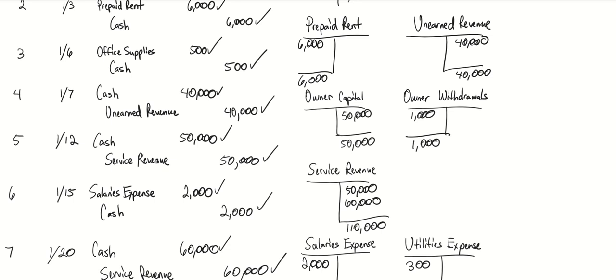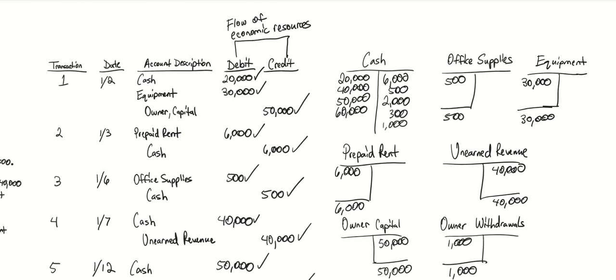So I'm going to go back up to cash, get my calculator out, and add up the debit column and the credit column. Let's see what it is. So 50,000 plus 60,000, minus 6,000 minus 500 minus 2,000 minus 300 minus 1,000.